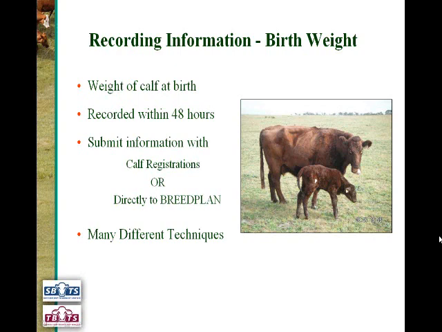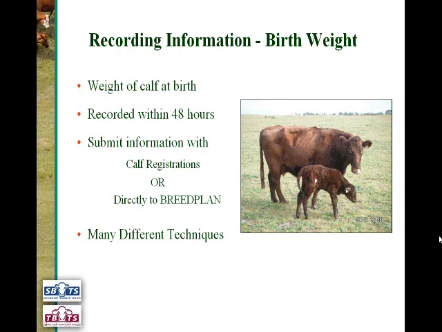If we move now into the actual birth traits, the first trait, obviously, is birth weight. The information which goes into calculating that, if you're interested in it, is that you have to collect the weights of calves at birth. We'll talk about how you may look at doing that, but ideally that weight of the calf at birth would be recorded within 24 hours. I've got on that slide that it can be recorded within 48.